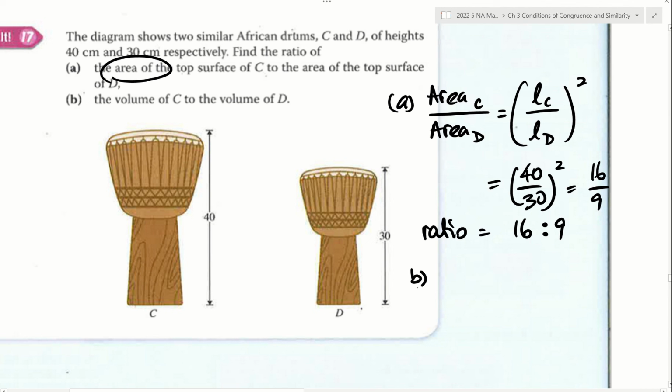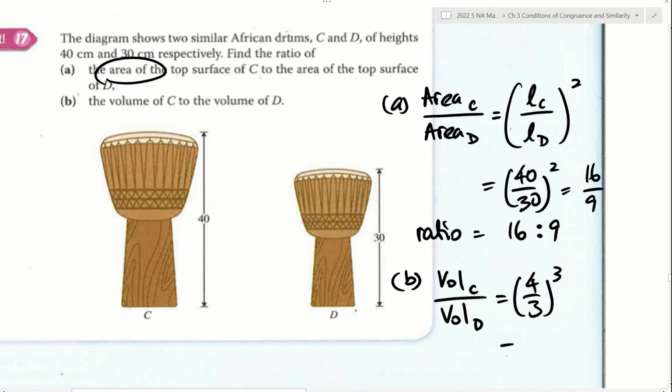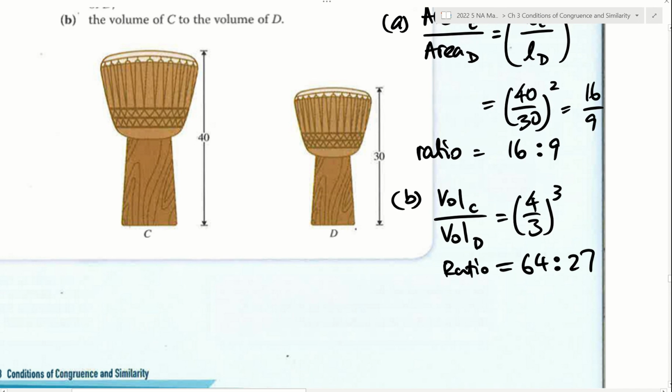So for part B, do the same working, volume C over volume D. So 4 over 3 cube, and we get ratio equals to 64 to 27. Oh, very fast one. Just immediately can write down already.